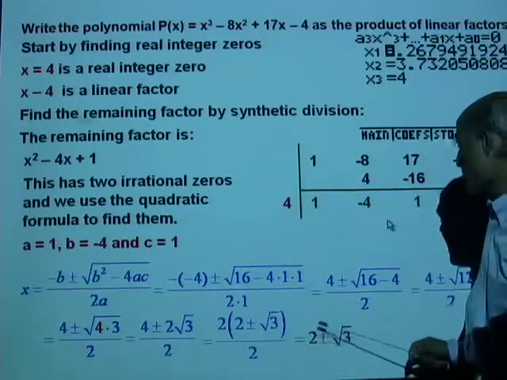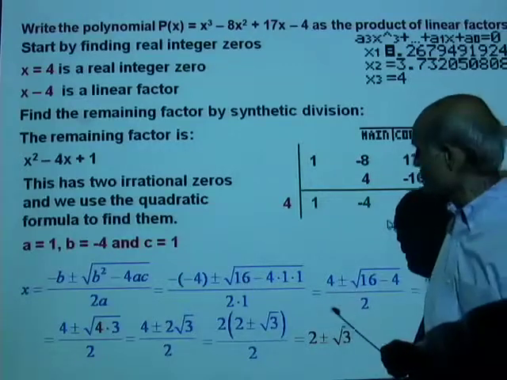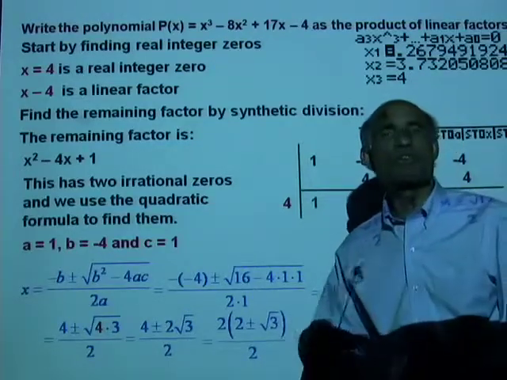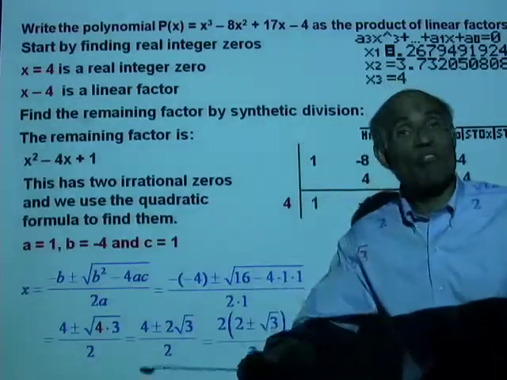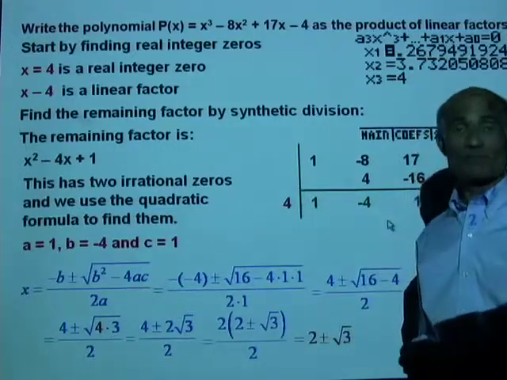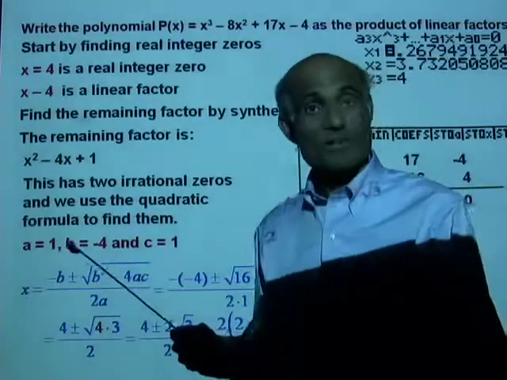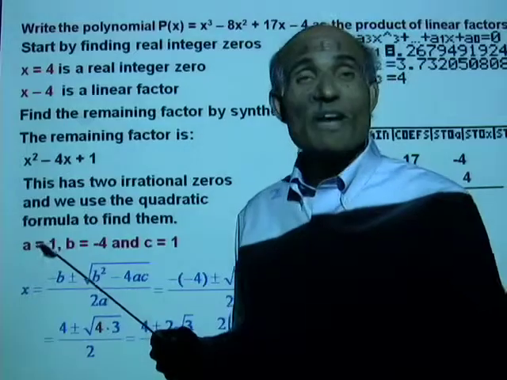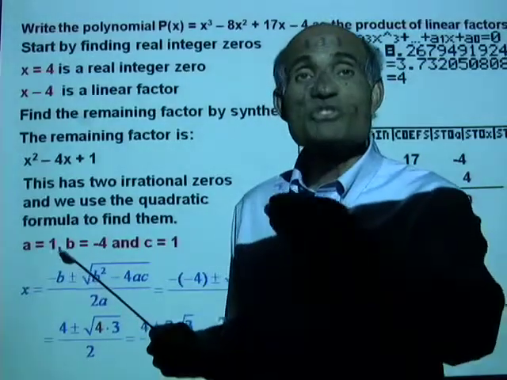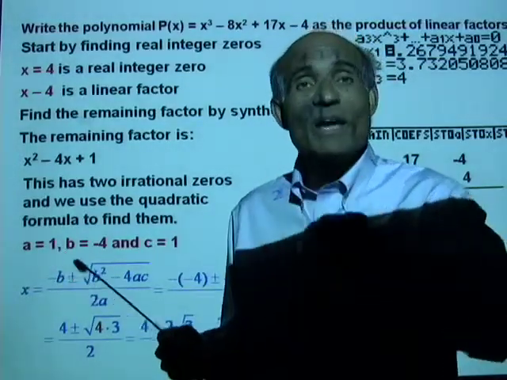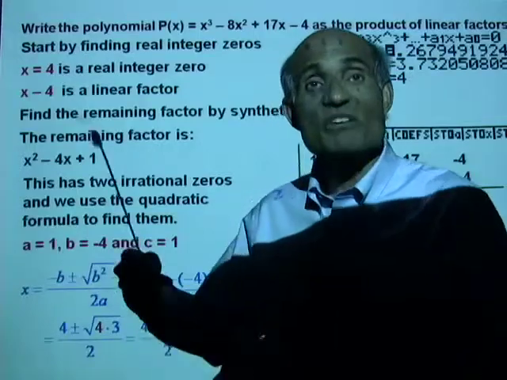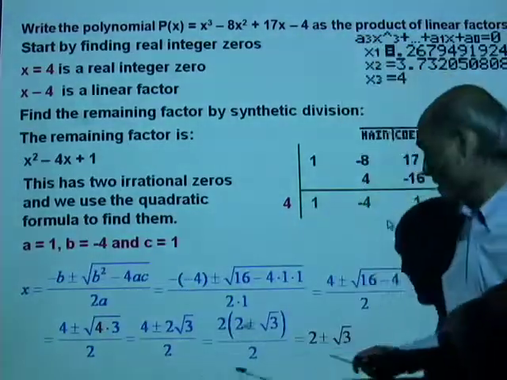Now tell me, if 2 plus square root 3 is an irrational zero, what is the corresponding factor of the polynomial? Well, go back to the factor theorem. If x equal to r is a zero of the polynomial, x minus r is a factor of that polynomial.